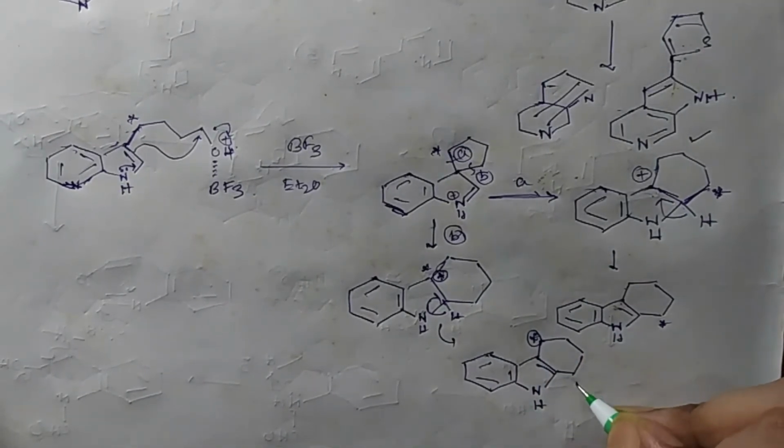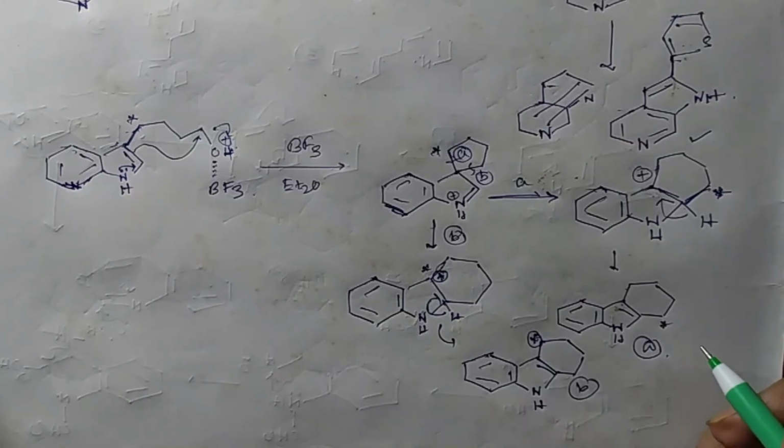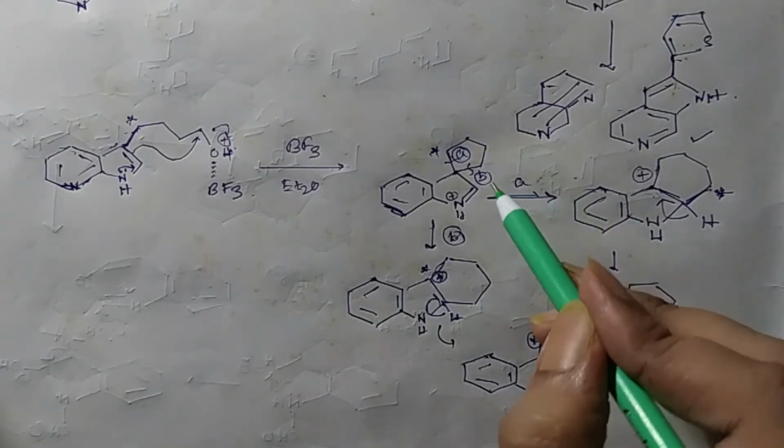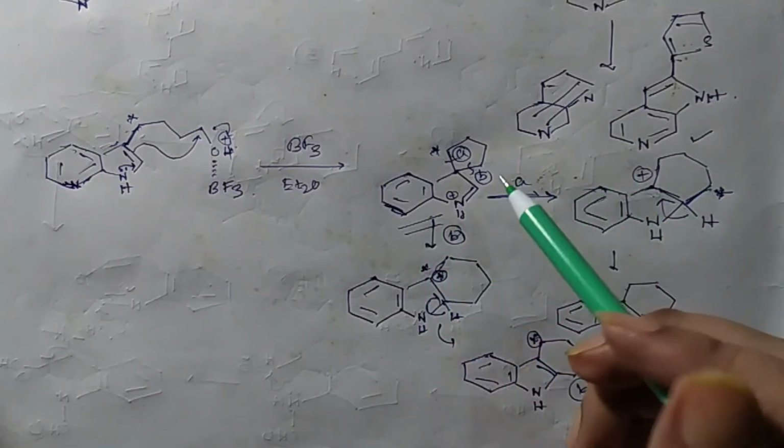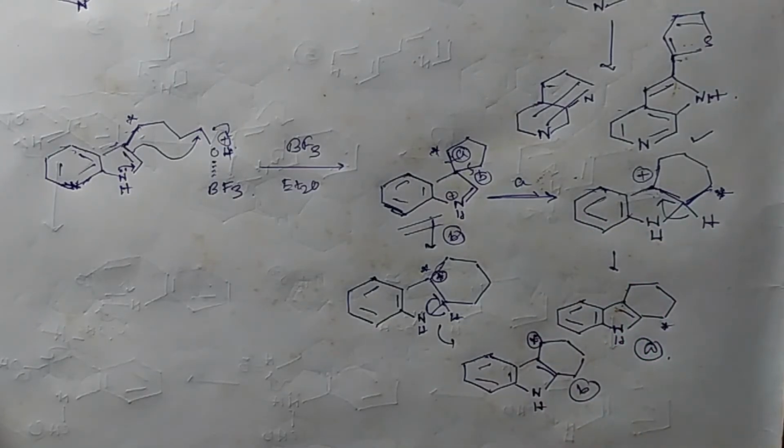So basically the scrambling of isotope happens because this is an intermediate which is symmetrical, so either of the bonds can migrate, and that will give two distinct products where the distinction is designated by a marked proton.